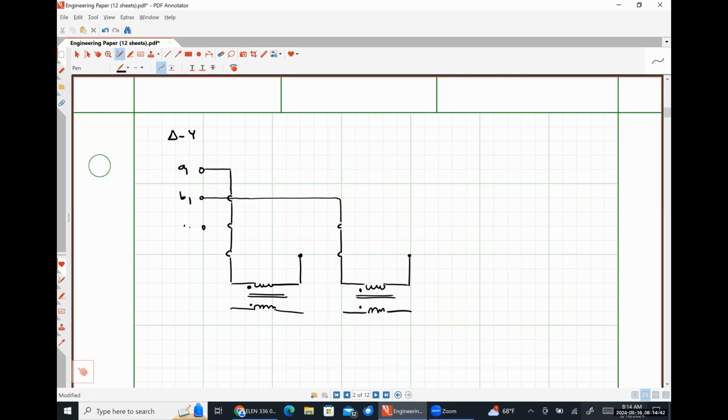Guy right here will be C1. And this guy right here will be the neutral conductor.